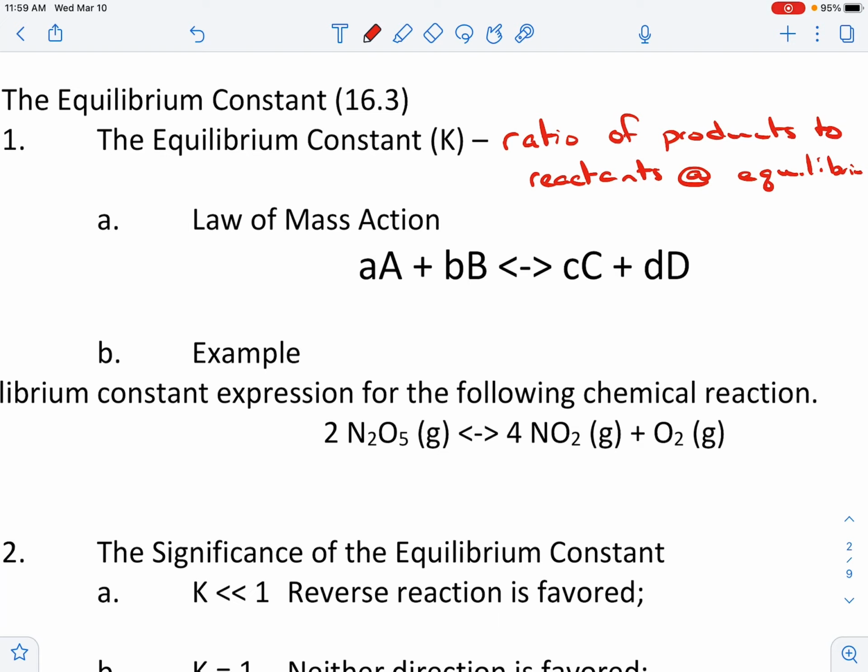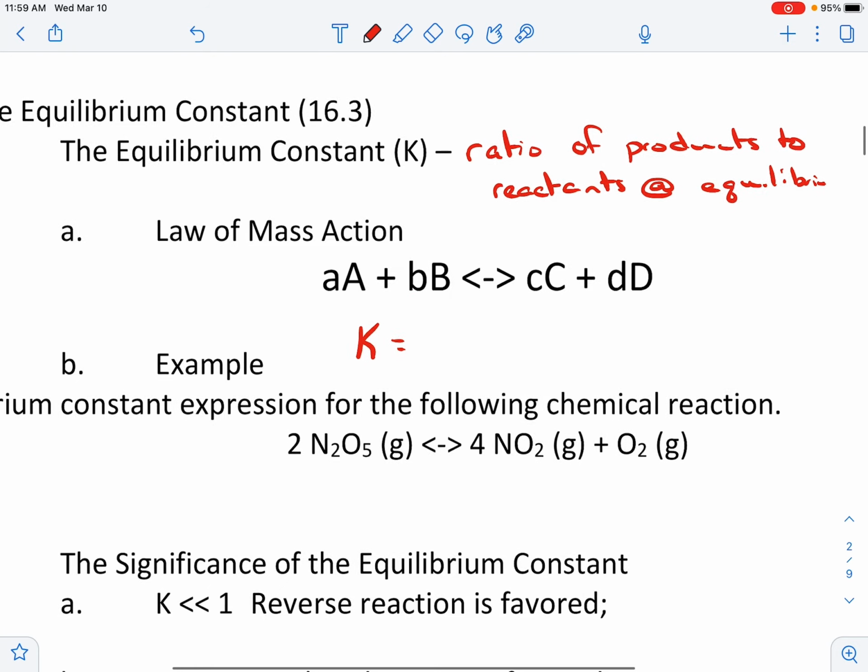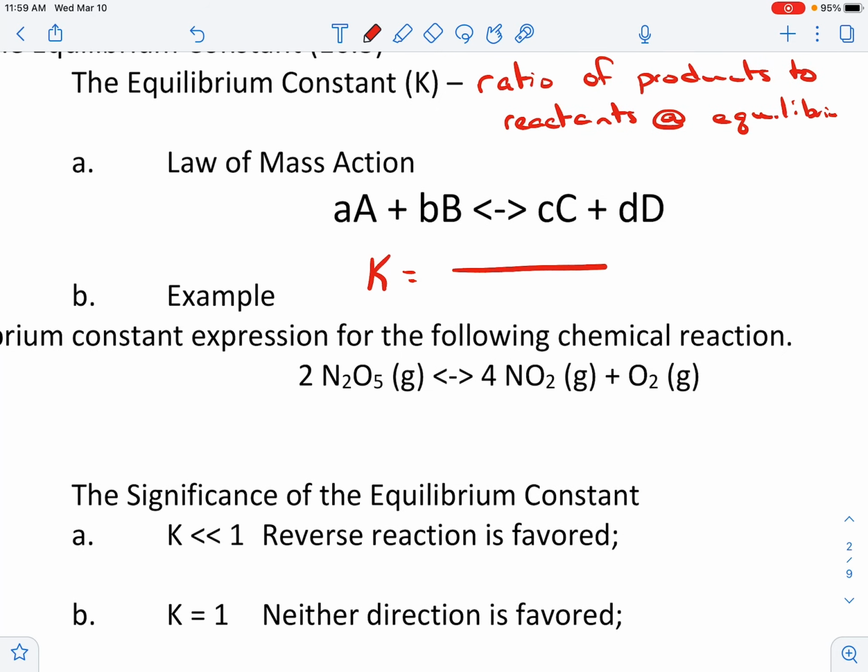So we have an example of just a generic equation, and to write our equilibrium constant, we say K, because that's our constant, and we'll have some little subscripts in this throughout the rest of the way, but for right now, we just roll with K. And what we do is we take products over reactants, and each is raised to their moles.